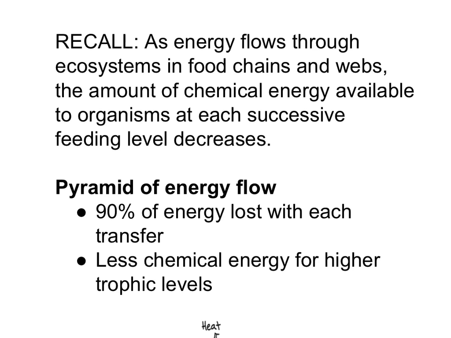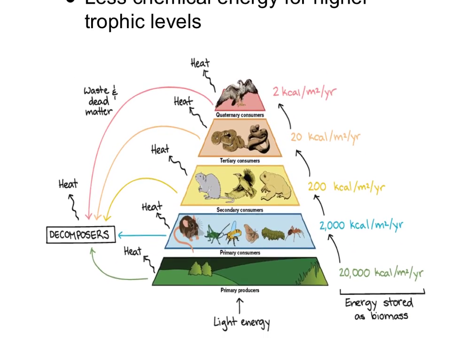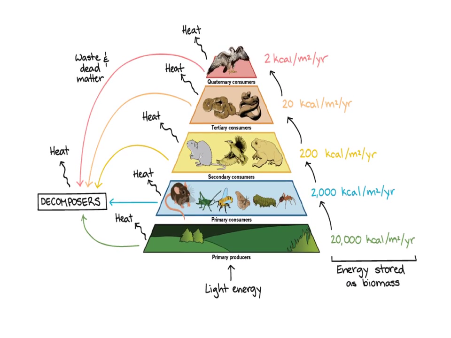All right, so there's less chemical energy for higher trophic levels. And we can best see that by looking at a pyramid, right? Pyramids are bigger at the bottom, right? So that shows us that there's more energy at this level and less energy at this level.